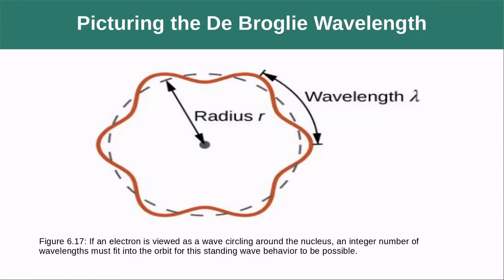So if we look at that here, just like we saw for the standing waves, only certain waves are going to be able to fit. If we only have integer allowed waves and they have a specific wavelength, then there are only going to be certain distances away from the nucleus that can have these stable waves, where things start to come back and everything lines up nicely.